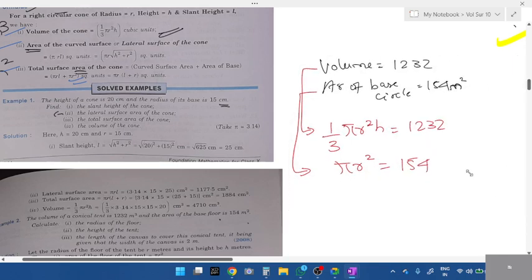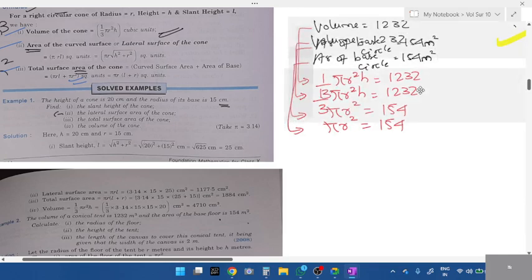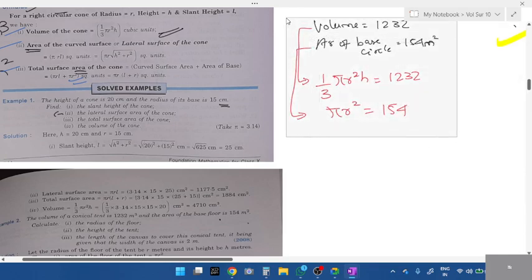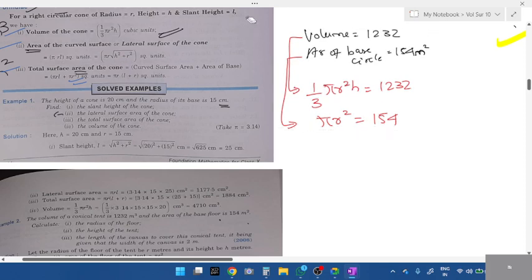Very quick. It's a simple concept. Only if you understand this, you can complete. Why pi r square? Think and answer, Naomi. There are two equations given, right?